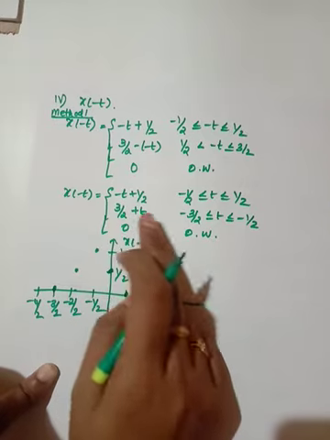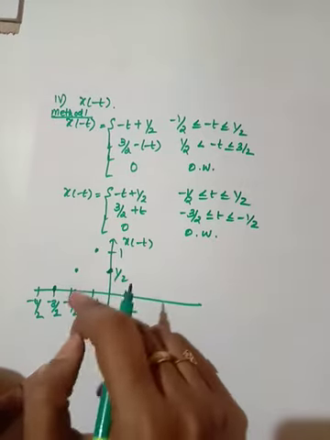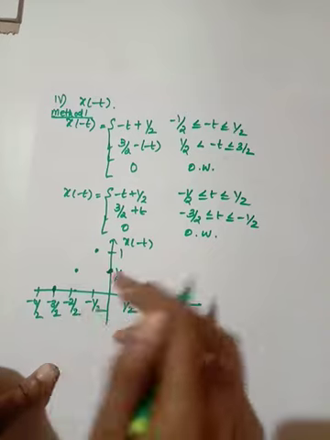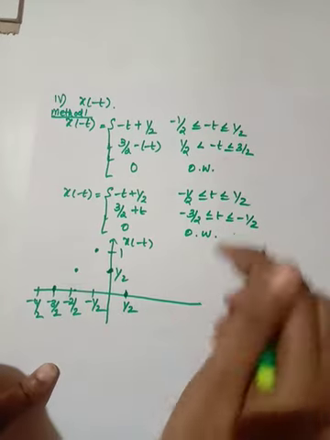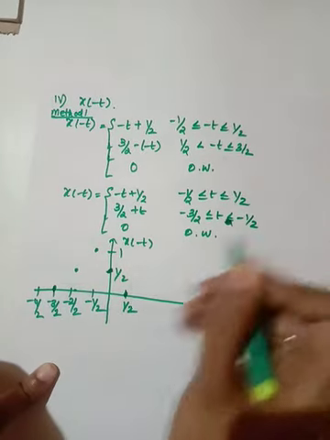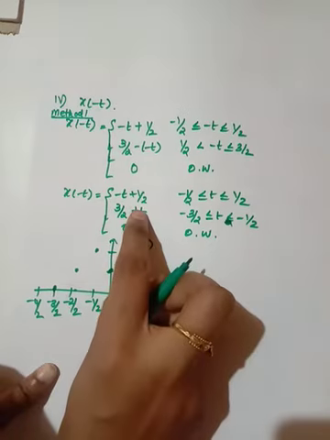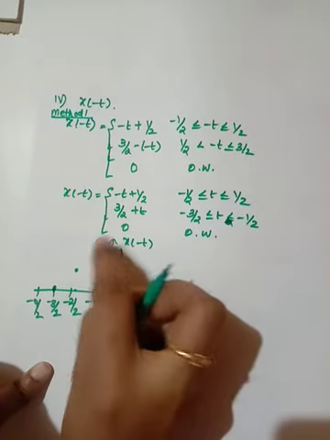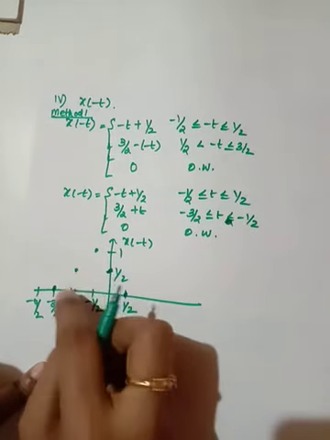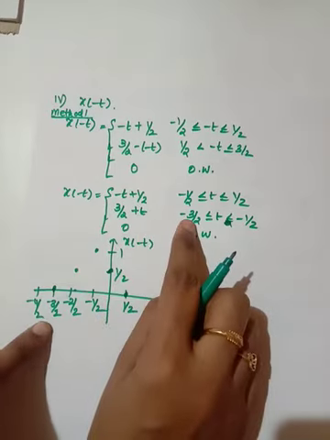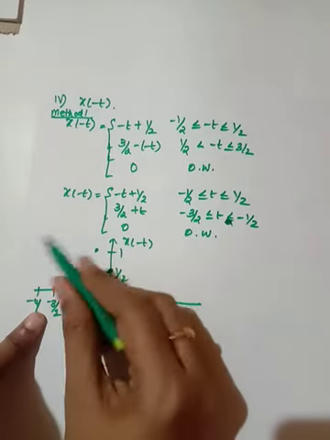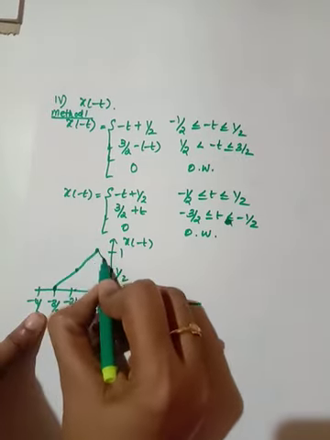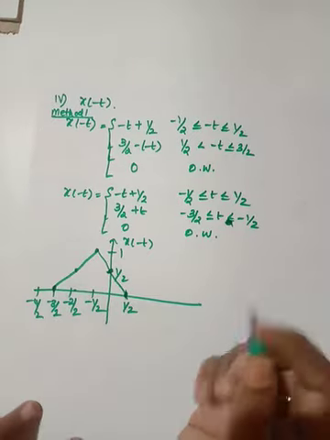Next I am going to substitute 3 by 2. Minus 1 by 2 I have already substituted, here it is not equal. After that it is minus 2 by 2, substitute minus 2 by 2, you will get 1 by 2. Then substitute minus 3 by 2 in this equation, you will get 0. So I am going to plot these values. So I got time reversal.